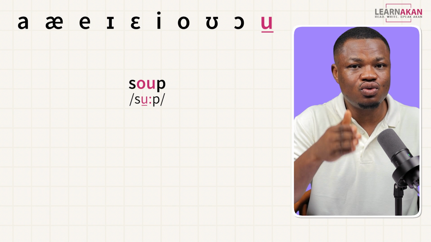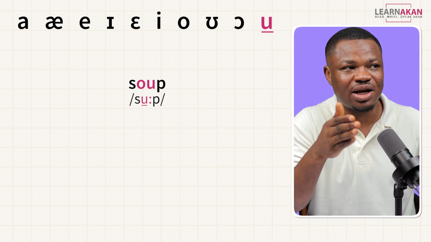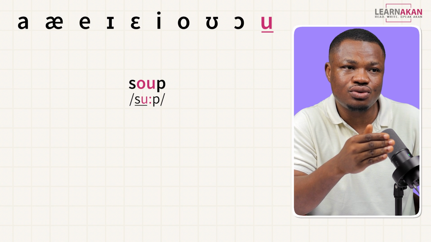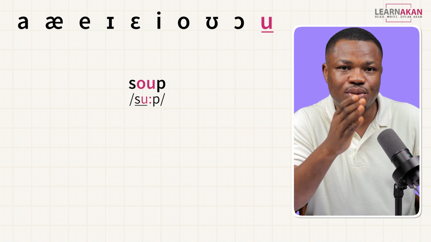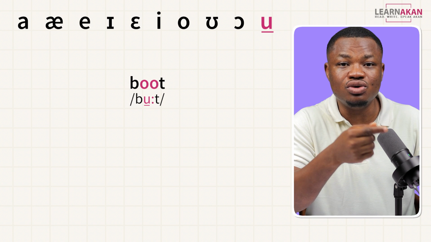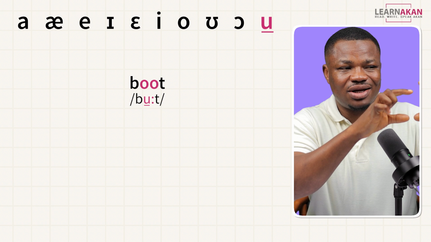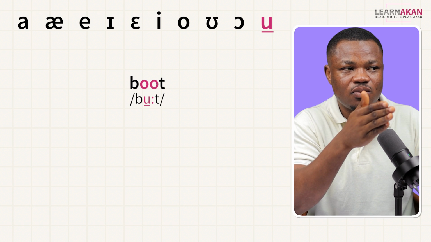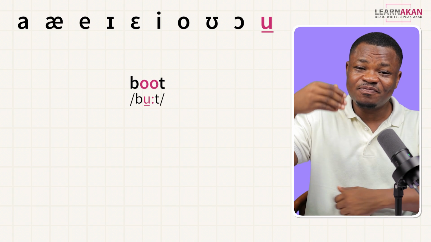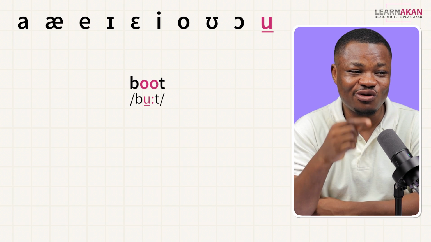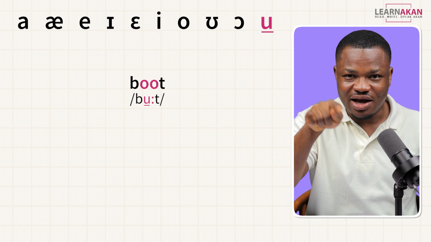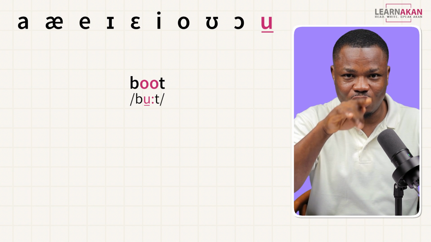So it's like saying soup, but then you cut it somewhere in the middle. Or boots, right? It's long in the middle, so you cut it short. And again, if you check with your English dictionary, you find that the transcription for both words has a long u there.